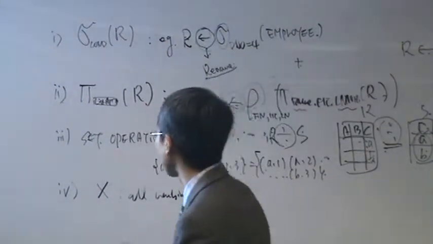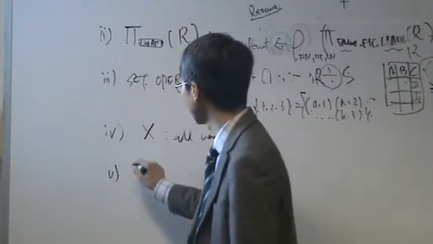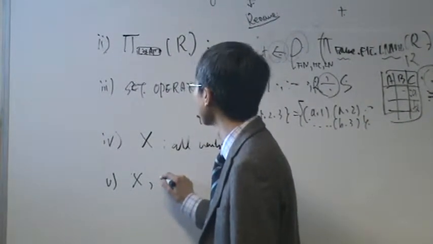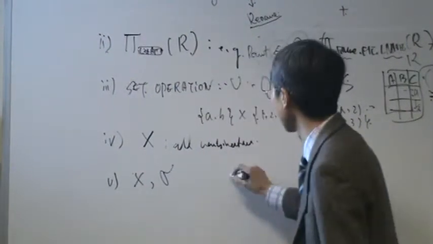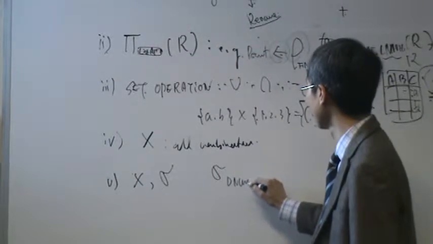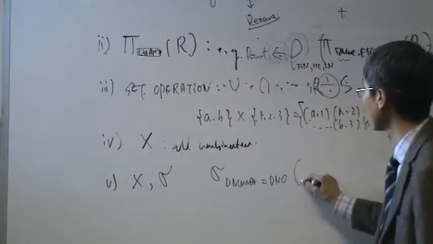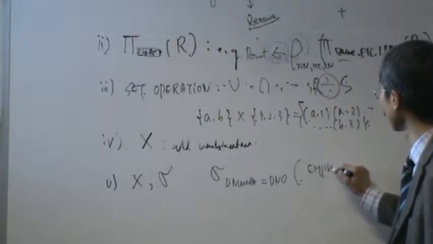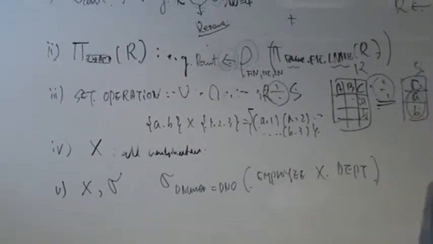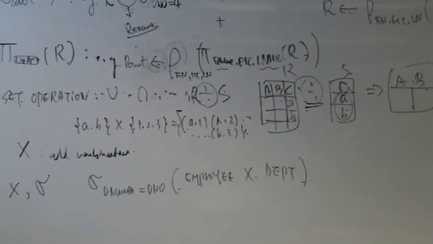Then eventually we learn a very important operation. That is Cartesian product plus selection operation. For example, select D number equals DNO of employee Cartesian product department. Like this one. What does that mean? That makes sense, right?